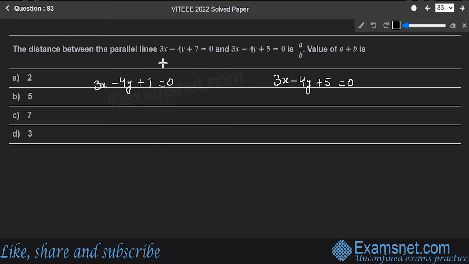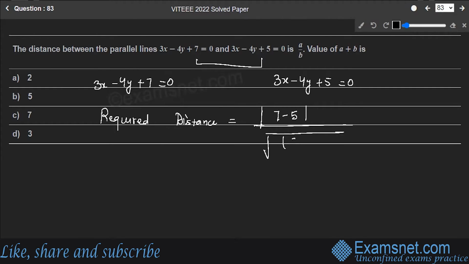Correct? These are the parallel lines. So the shortest distance between them is obviously the perpendicular drop. So the required distance is equal to 7 minus 5 upon root of 3 square plus 4 square, which is equal to 2 upon root of 9 plus 16, that is equal to 2 upon 5.